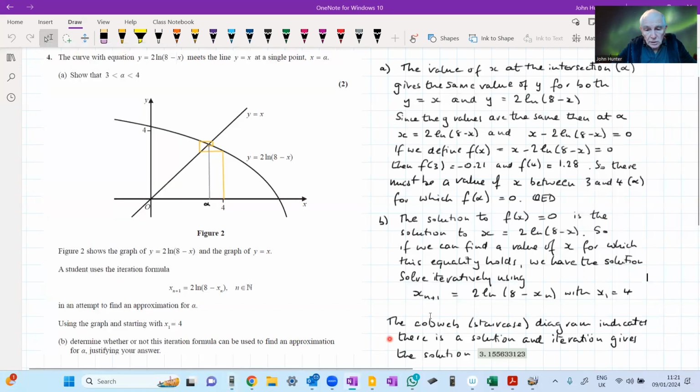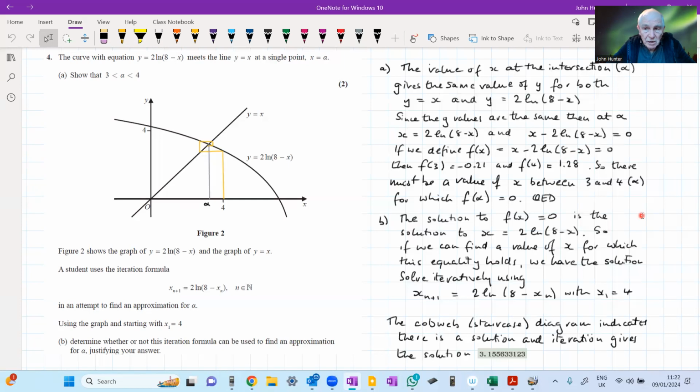So that is the solution to this particular problem of whether these lines cross, and therefore what is the solution to this equation, x minus 2 natural log of 8 minus x. Right, okay, so that is what I've done. Now, we've been fortunate on this one because each iteration on the calculator has brought us closer and closer to the solution, and that doesn't always happen.